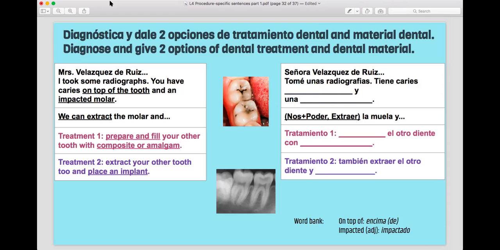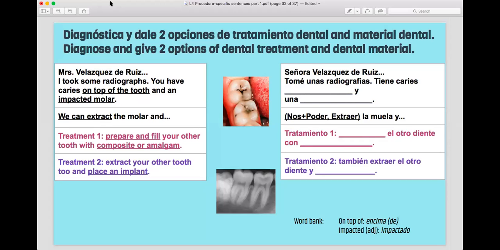Yeah, that reapplies the brief review we did on adjectives, where impactado has an O ending, so it's male. Muela is female, so we need to change it because adjectives always come after their nouns and they always match the plurality and the gender. Yeah, if it was diente, you would say diente impactado.